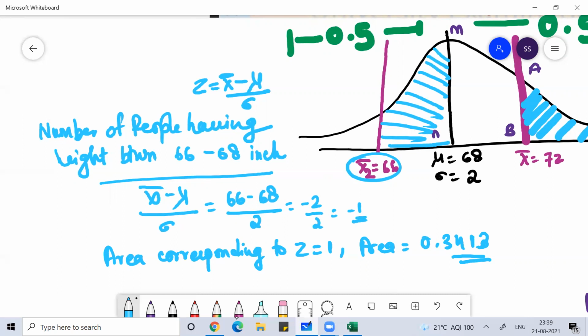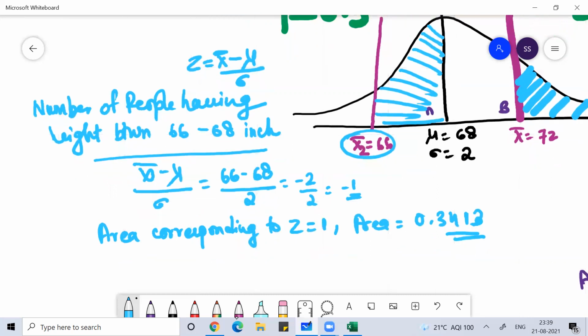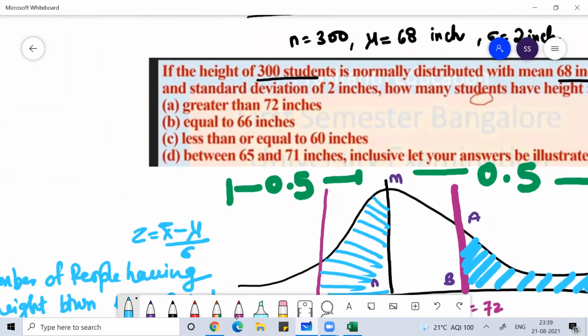So I can find the number, right? The total number of people is 300.